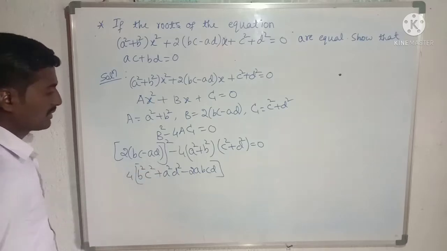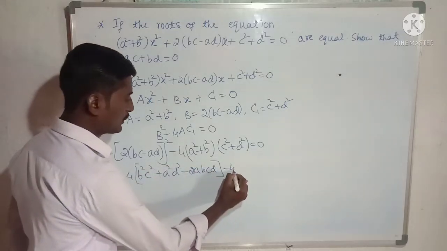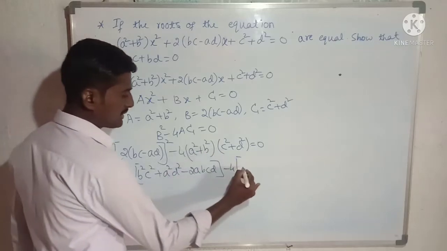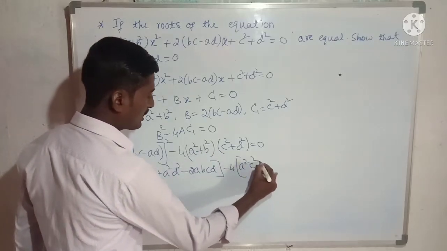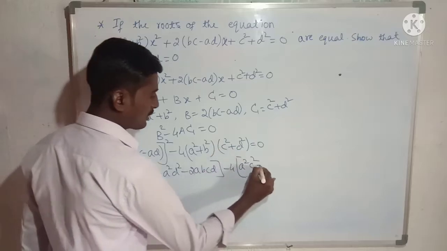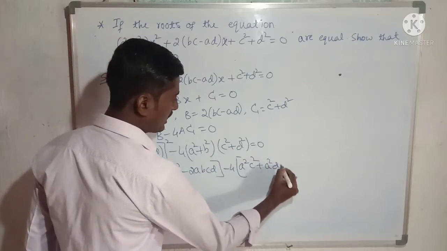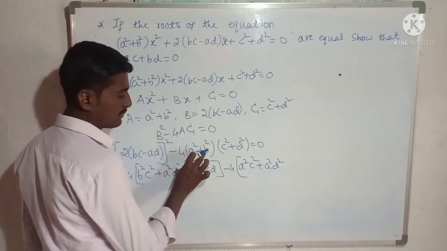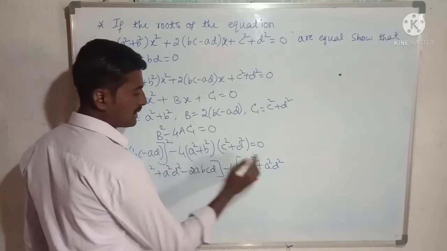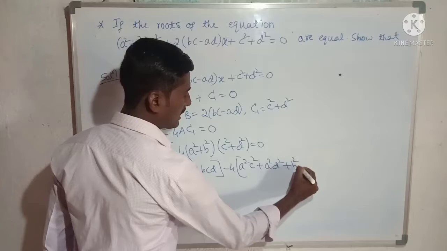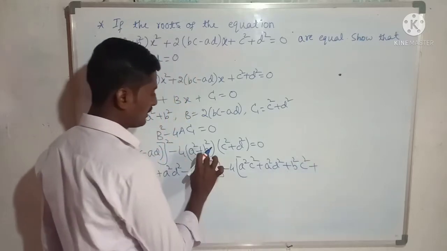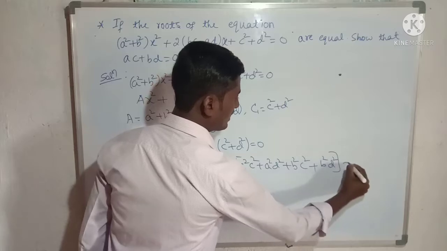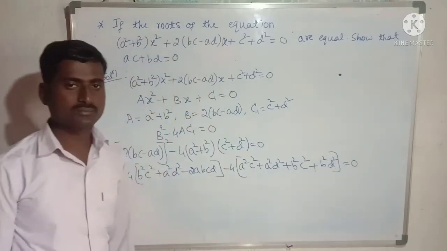Next one, minus 4 into, inside I have to multiply: a square c square plus a square d square plus b square c square plus b square d square is equal to 0.